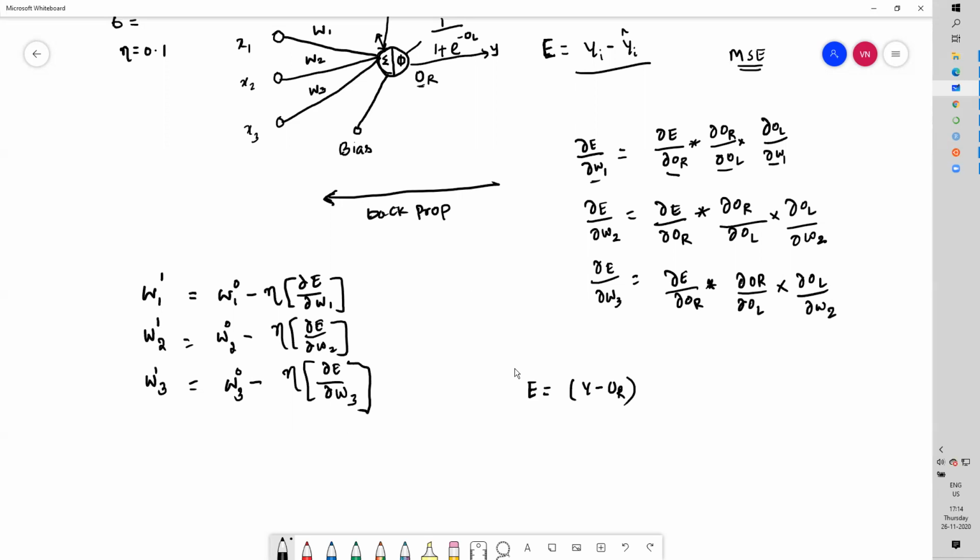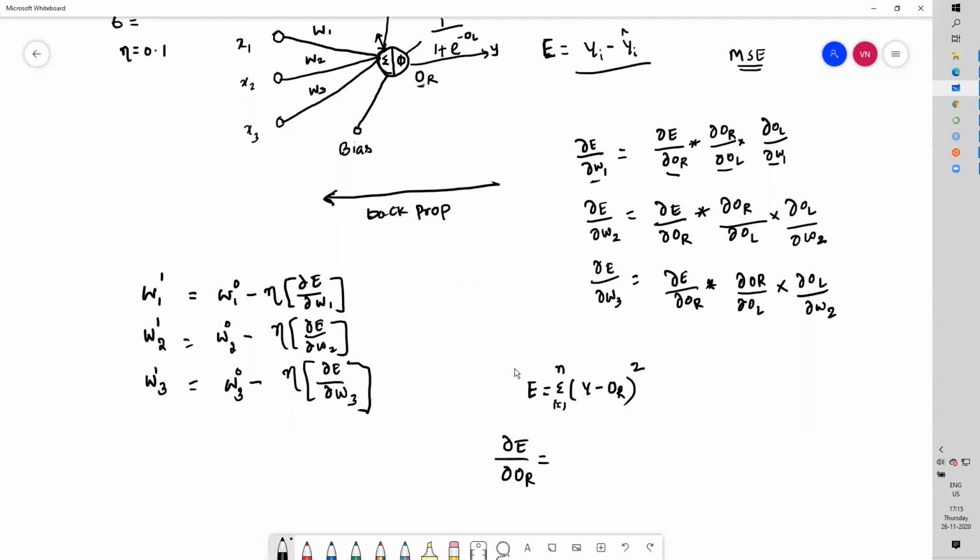Then what is our error? Error is the summation, i equal to 1 to n, because we have many observations, of y minus the output generated, OR, whole square. Okay, fine. Now, if we derive this, ∂E by ∂OR, what happens?